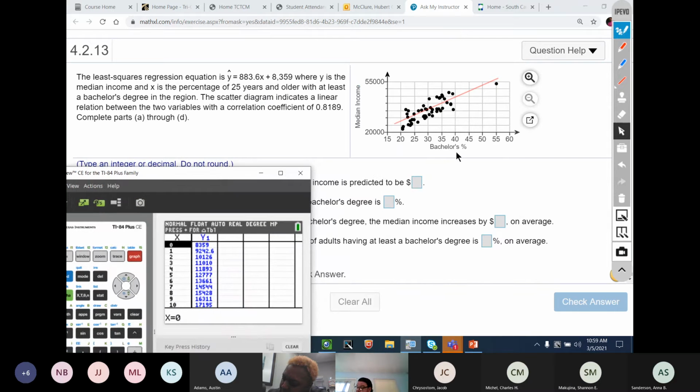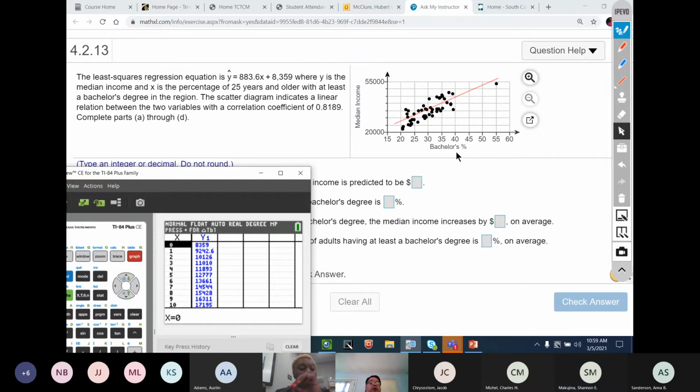Now let's see what that means. 0% bachelor's degree. And if you have 0% bachelor's degree, you're going to have an income of $8,359.